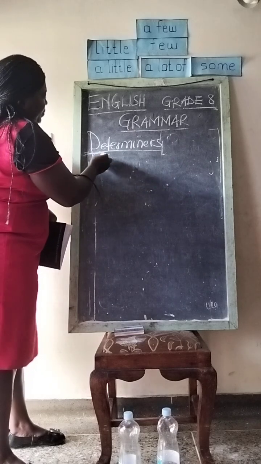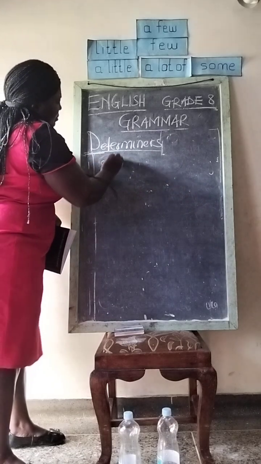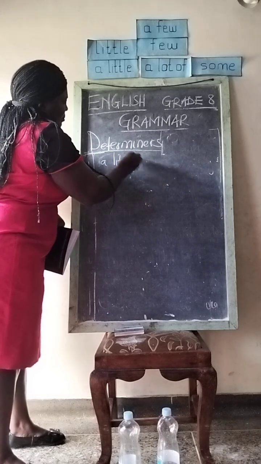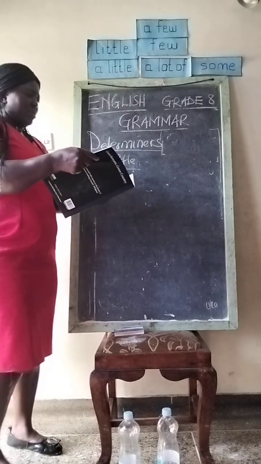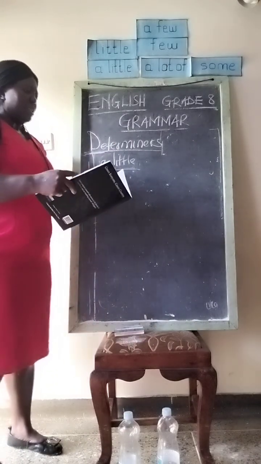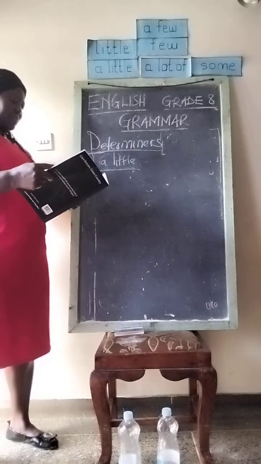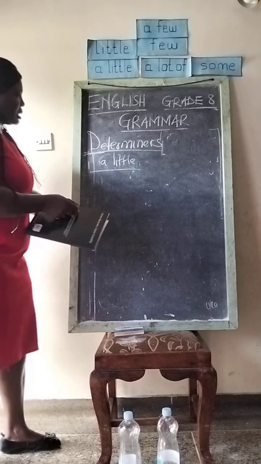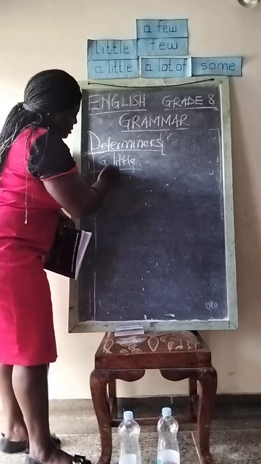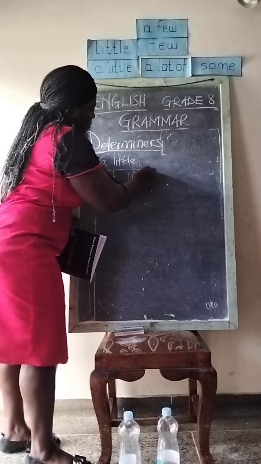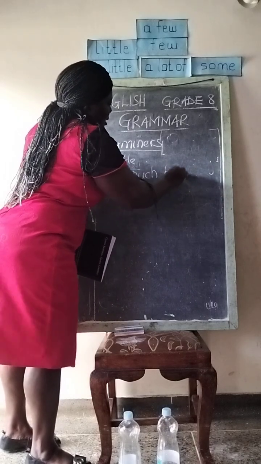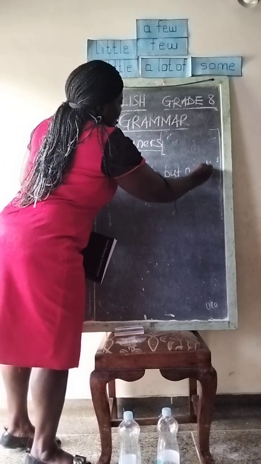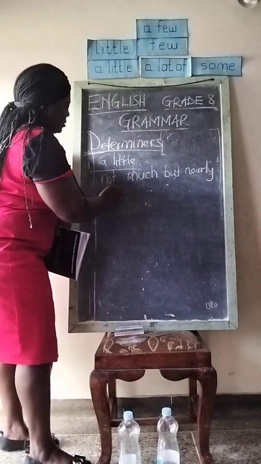So let us look at a little. What does a little mean in a sentence? A little is used with an uncountable noun. It means not much, just as I said earlier, not much, but nearly enough.